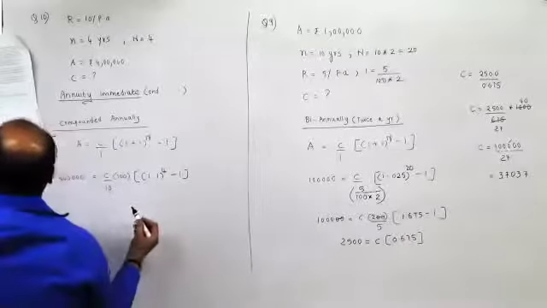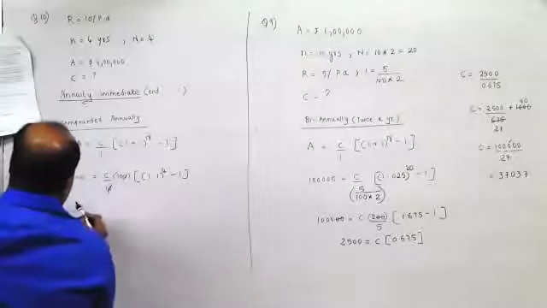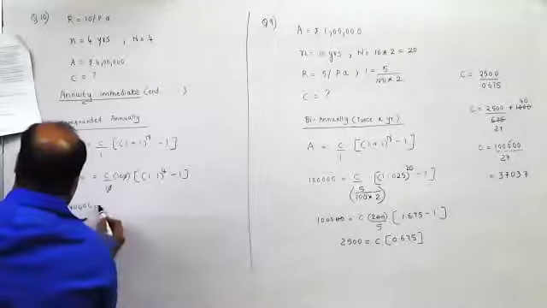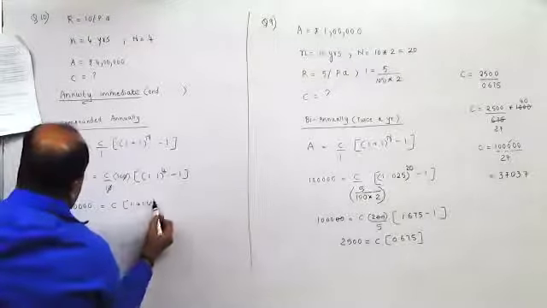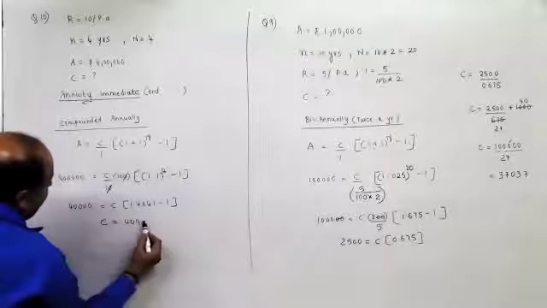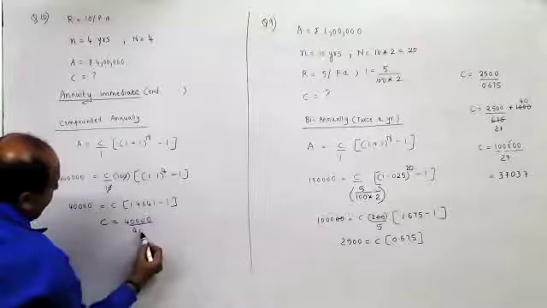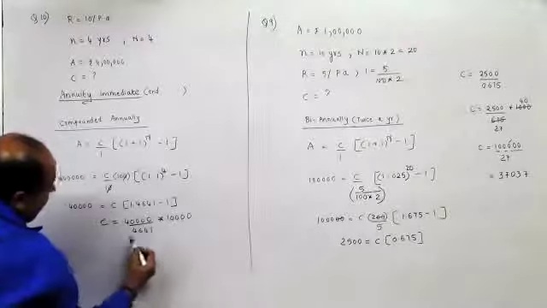They should have ideally given you the value of 1.1 raised to 4, but it is given in the earlier sum. So we'll consider that 4 lakh equals C into 1.4641 minus 1. They would be giving you this value. Now 40,000 upon 0.4641. I'll take 4641 here, 1, 2, 3, 4 zeros.